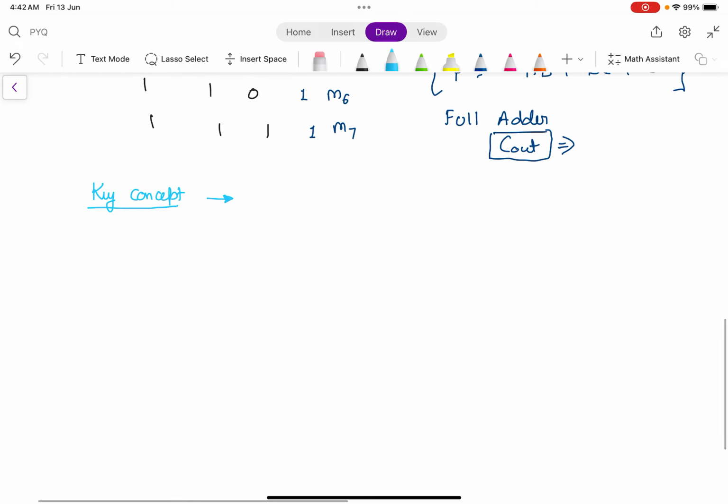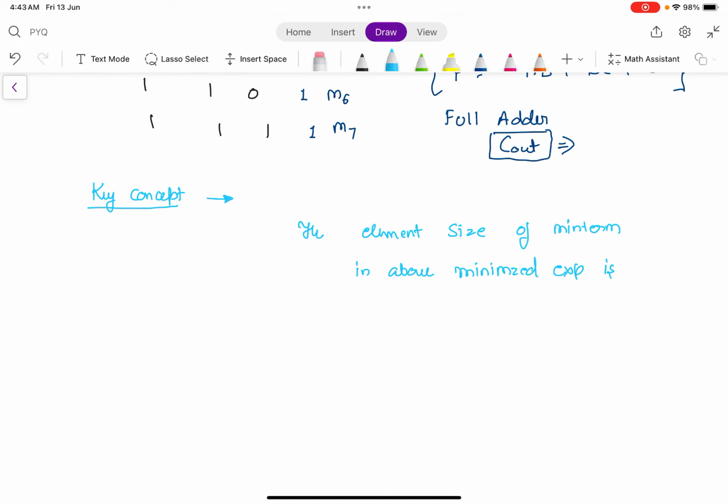If you see the elemental size of the minterm in the above minimized expression, because the K-map gives you the minimized expression, it is 2.